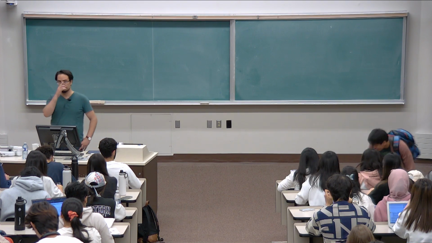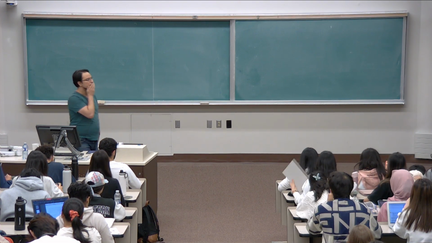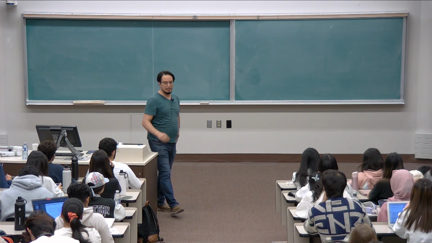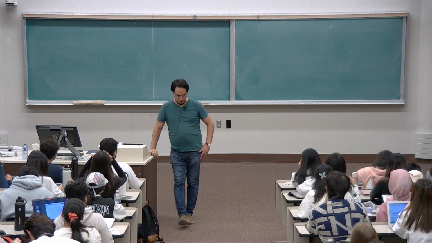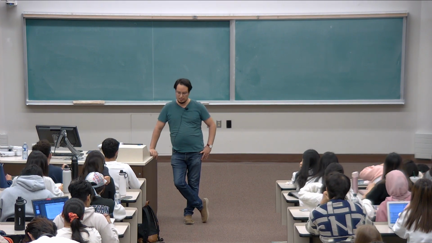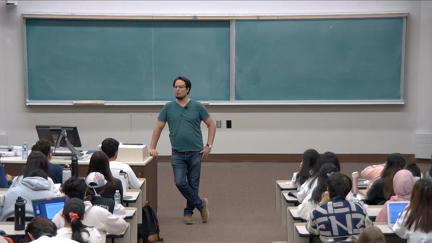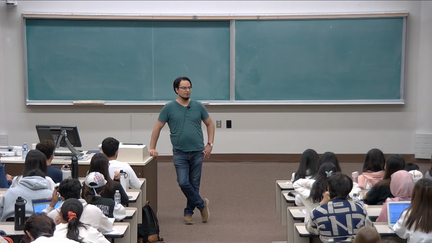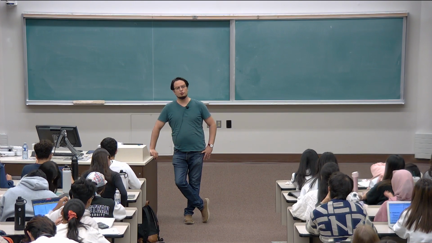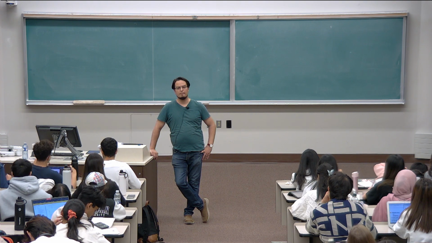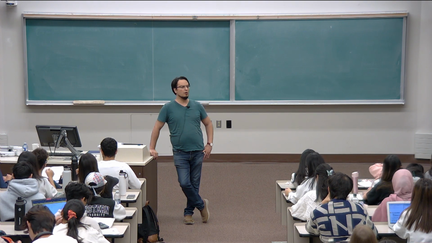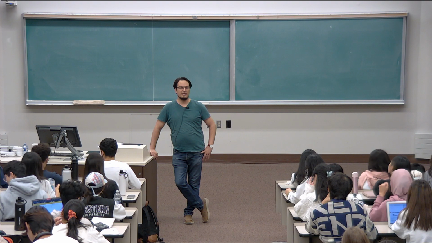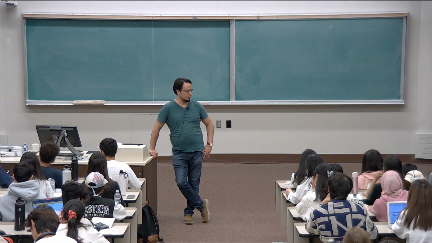Today we are going to move to a new section. It's a continuation of what we started yesterday, the definition of derivative. Now, the goal is to understand how a function cannot be differentiable at a point.